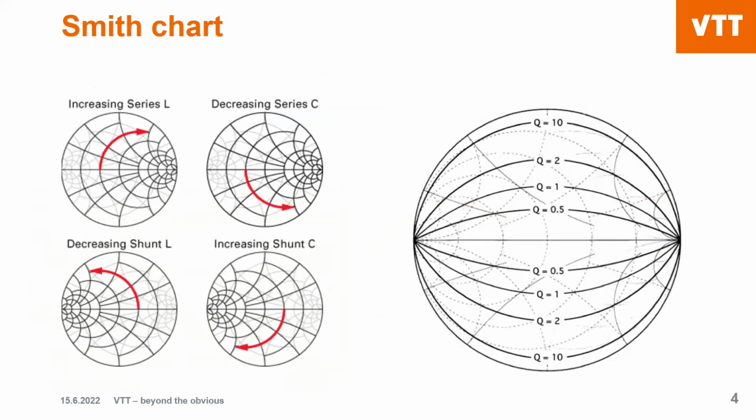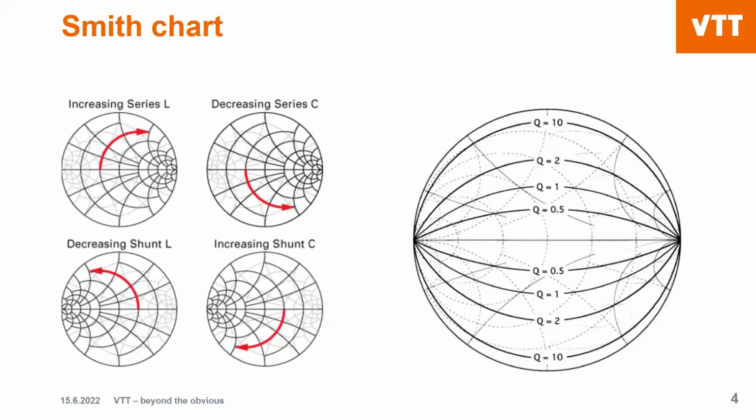You can calculate the values that you want, the inductances and stuff like that, but there are certain rules, which we will hopefully understand when we do the practical design.